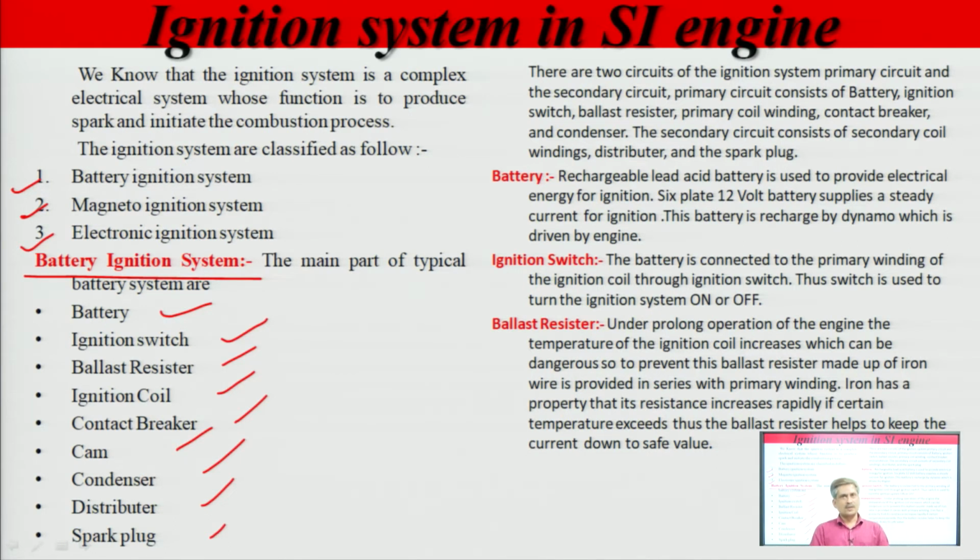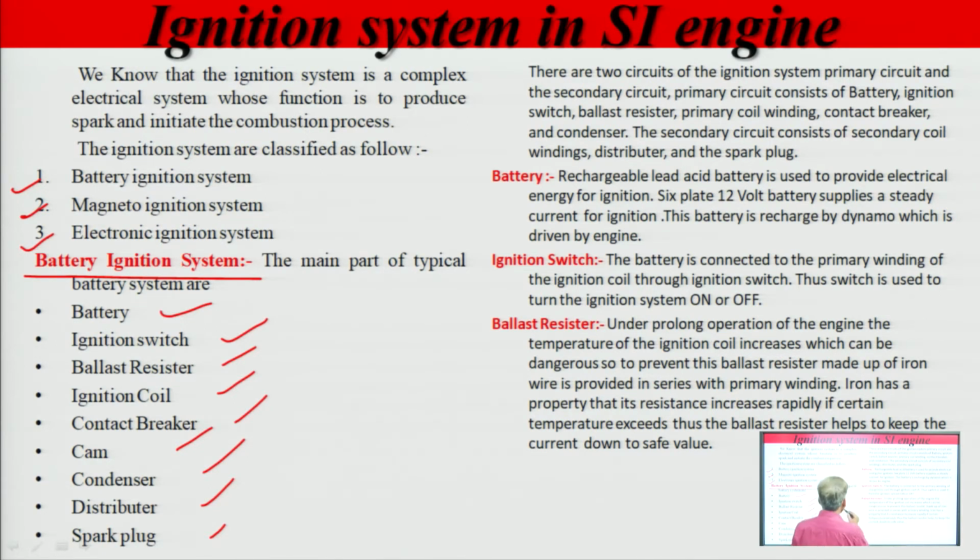So, there are two circuits of the ignition system, primary circuit and secondary circuit. The primary circuit is connected to the battery, ignition switch, ballast resistor, primary coil winding, contact breaker and condenser. The secondary circuit consists of secondary coil windings, distributor and spark plug. The primary and secondary circuits also have a difference in number of turns.